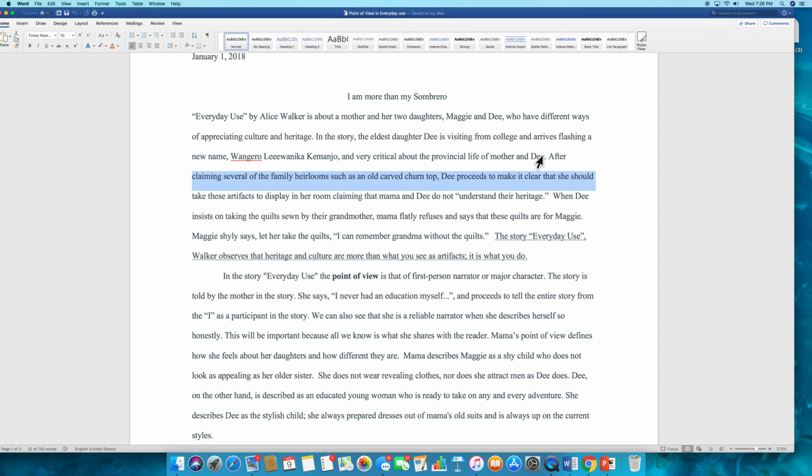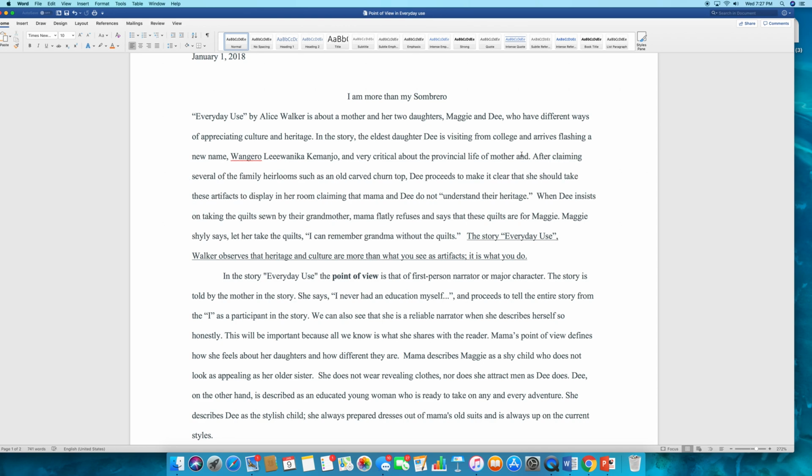Oops, there's an error there. Be careful with the characters. It's not Mother and Dee, it's Mother and Maggie, the daughter that lives with her.